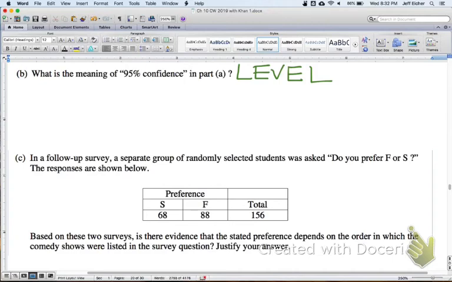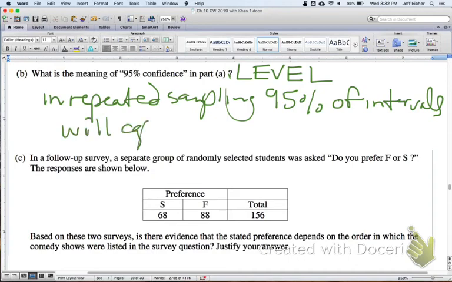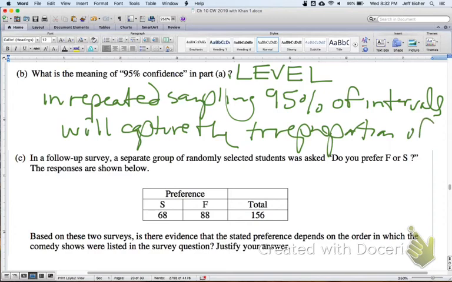Your answer should say something about, in repeated sampling, 95 or about 95% of intervals will capture the true proportion of students who would choose S. So that's B, the meaning of 95% confidence.